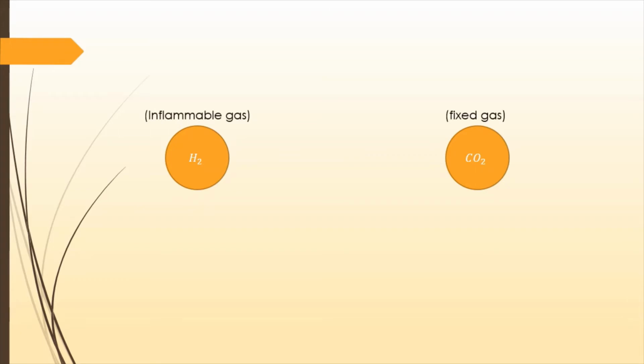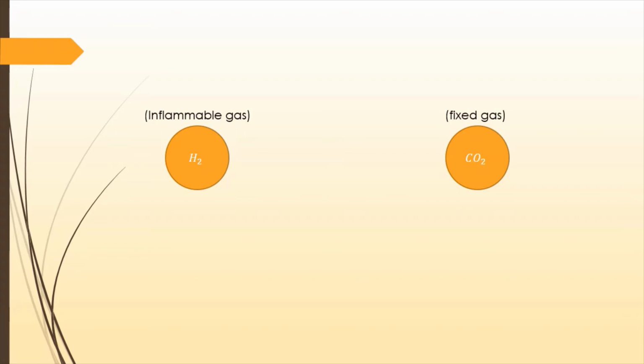Now, what changes did his theory bring? We are going to see that with one example. Hydrogen and carbon dioxide are two well-known gases. At the time of Dalton, they were known by these names: inflammable gas and fixed gas.